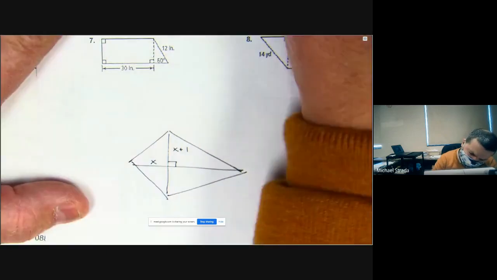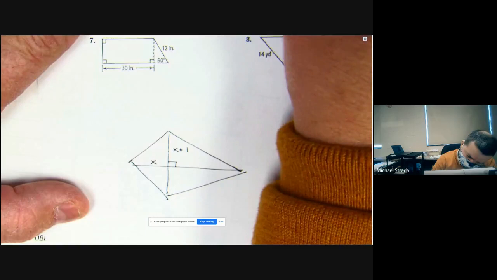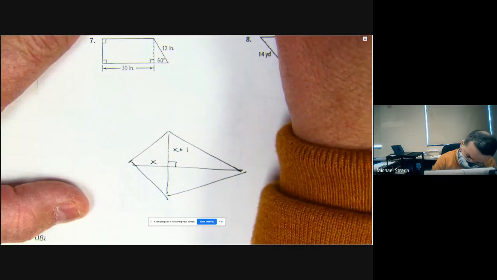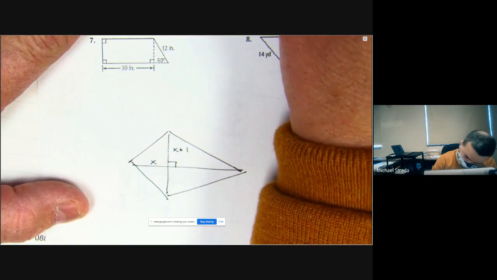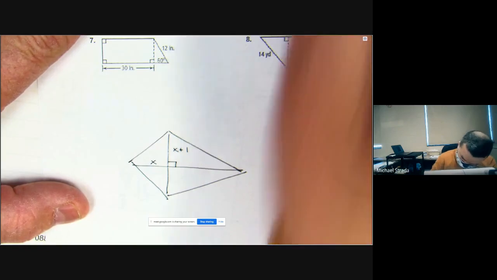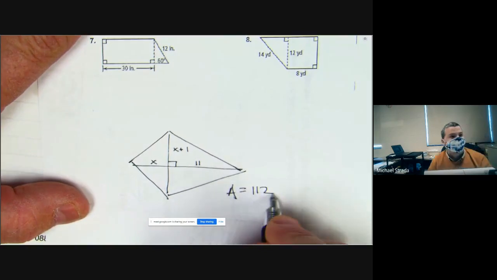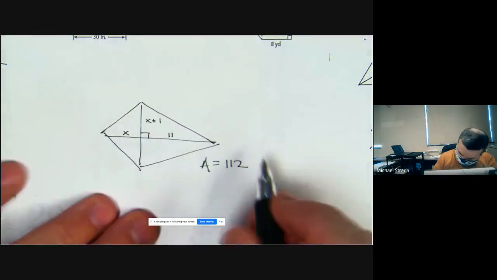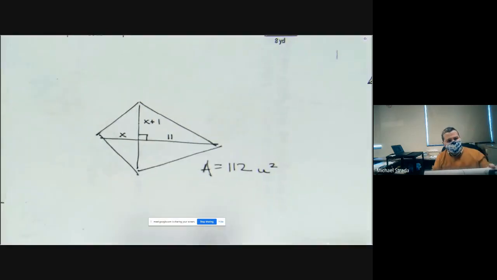And let me put a number in my head. Two numbers that multiply to 112, this would be 11. And area equals 112. And this is going to be our focus over the next couple of days. So you might get a problem that looks like that.